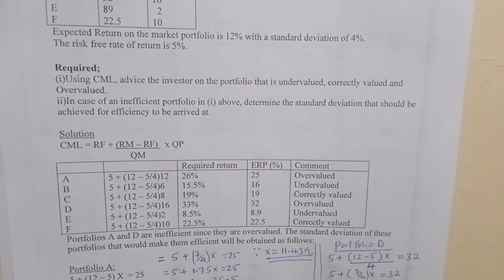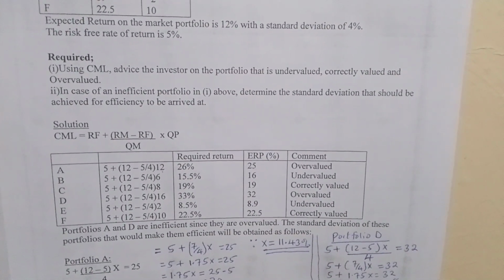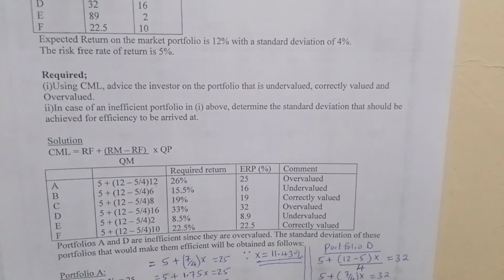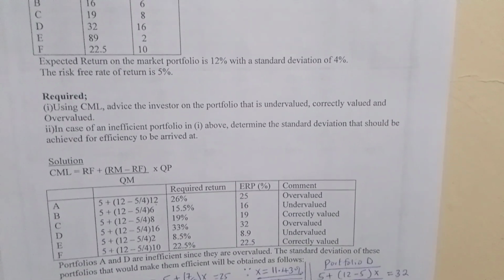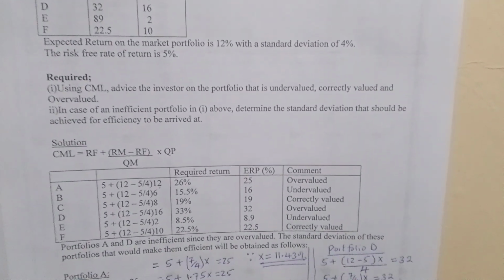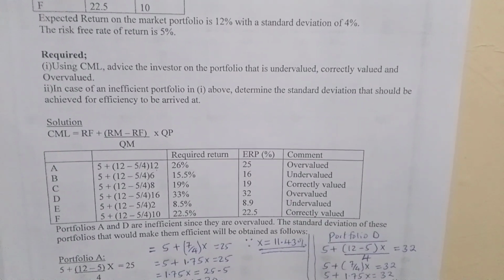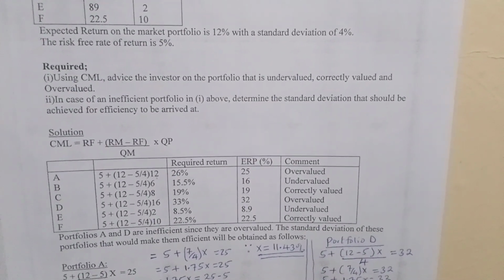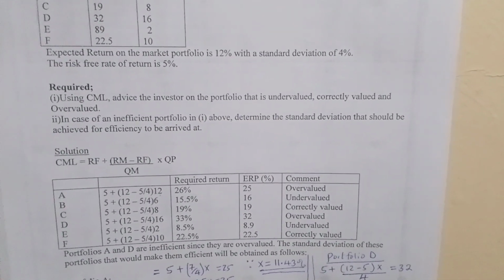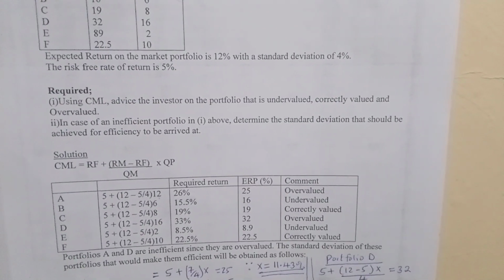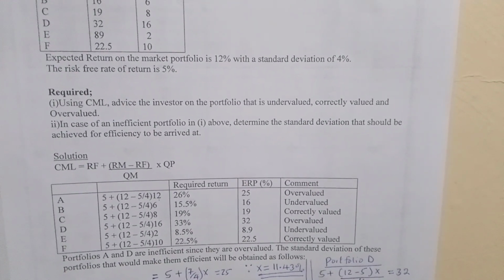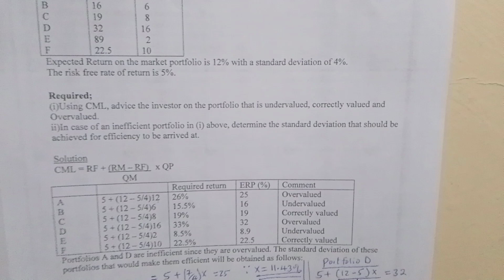I've given you the formula there, just like the other which you have done. You take the risk-free rate. You are told the risk-free rate of return is 5%, so it is 5 throughout. Then you add the expected return on the market, which is 12.